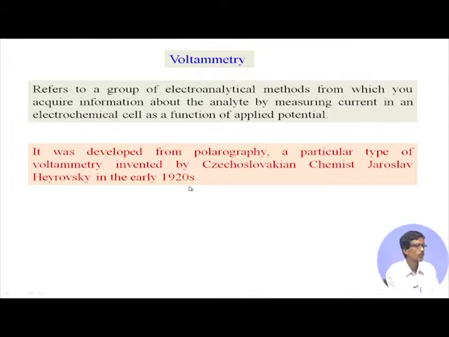The historical discovery was made by Professor Heyrovsky of Czechoslovakian origin, who basically started all these things during 1920. Later on he got the Nobel Prize for that. That particular time it is not considered a voltammetric type of thing, but a special type of voltammetry known as polarography.